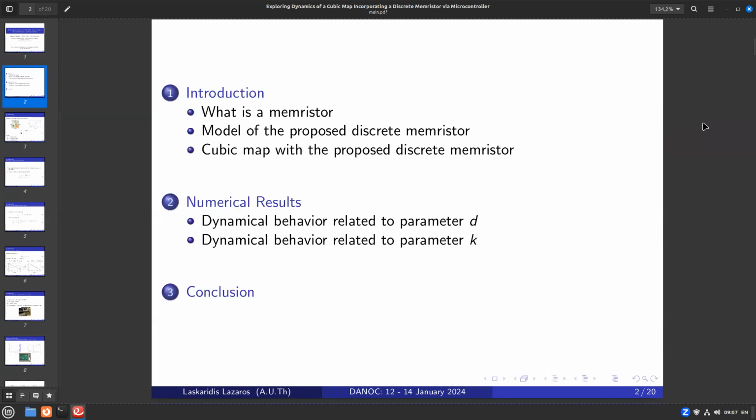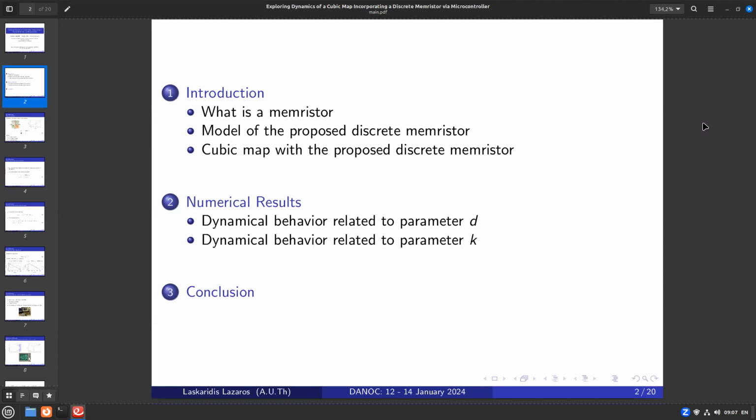Before we start our presentation, we are going to see the outline of this work. So we are going to see what we are going to talk about. In the first part, we have the introduction, where we are going to present a little history about the Memristor. What is a Memristor? Second, we are going to see the model of the proposed discrete Memristor.